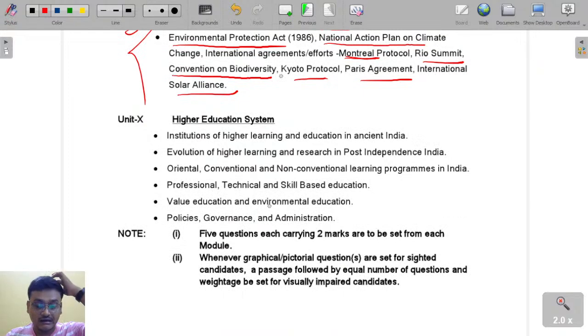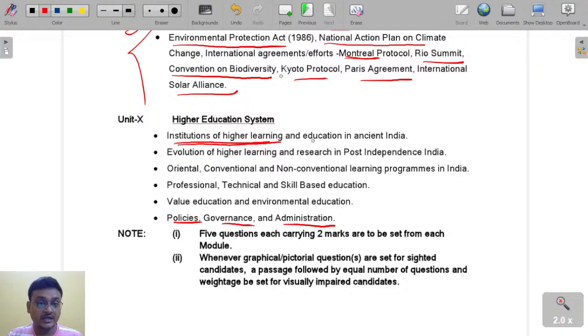The last part is higher education system: institutions of higher learning before our independence and after independence, policies, governance and administration. First, what was there in ancient India, like Nalanda, and how the education system was in ancient India.